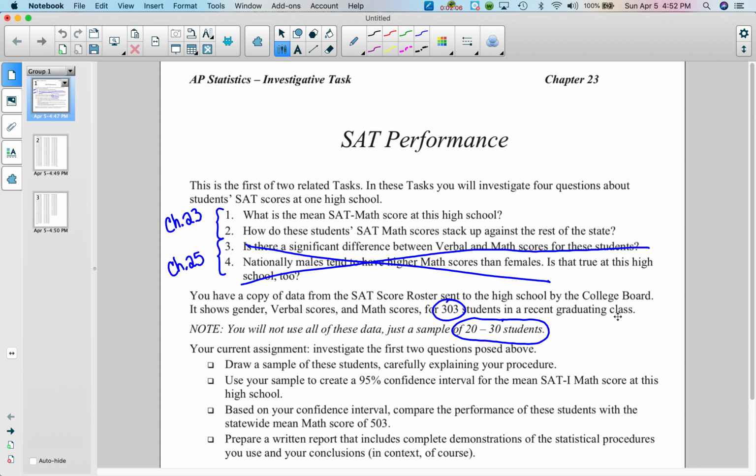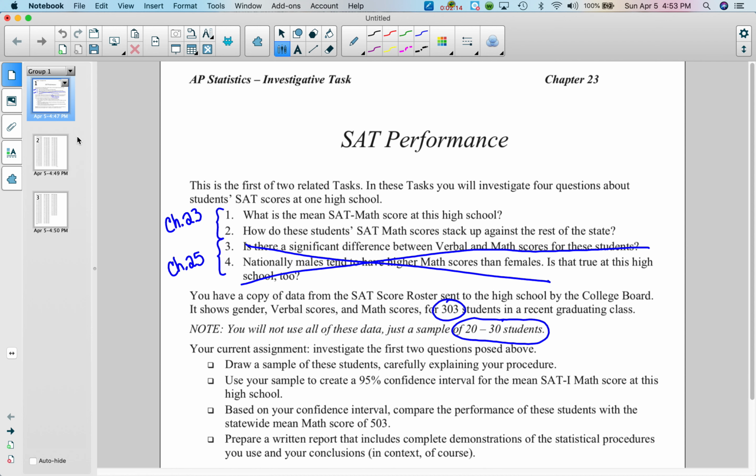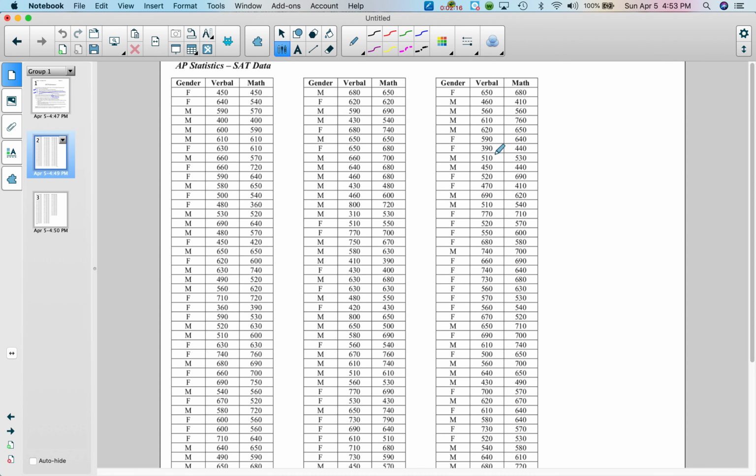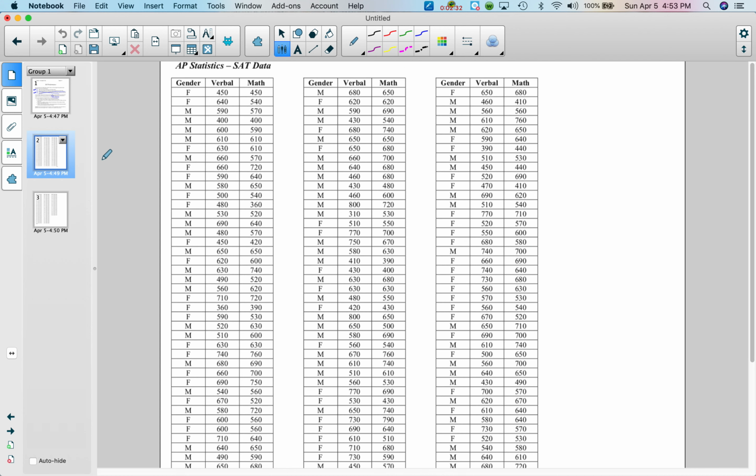You are going to draw a random sample, and you're going to have to describe to me how you did that random sample. You've got all of this data. There's a total of 303 students represented here. So you have to figure out a good way to come up with a random sample. You could number them all if you want to and select your random sample. If you wanted to block by gender so that you could guarantee you had some males and some females, you don't have to do that.